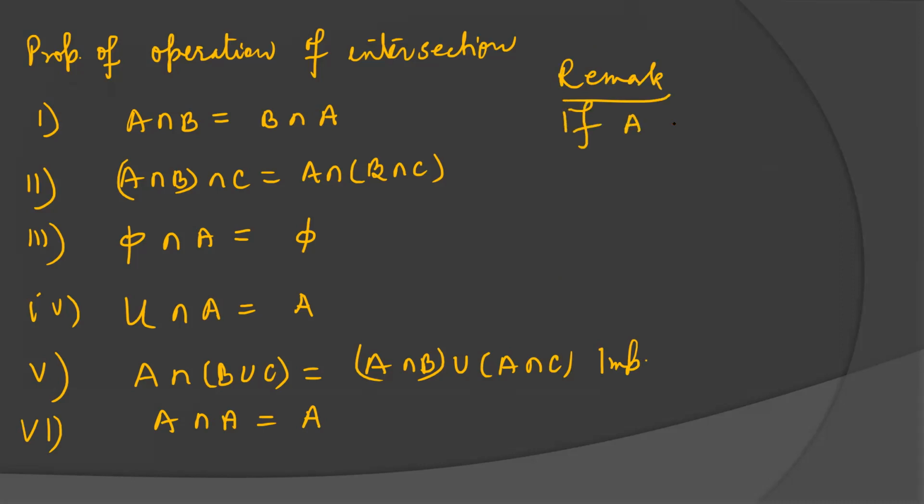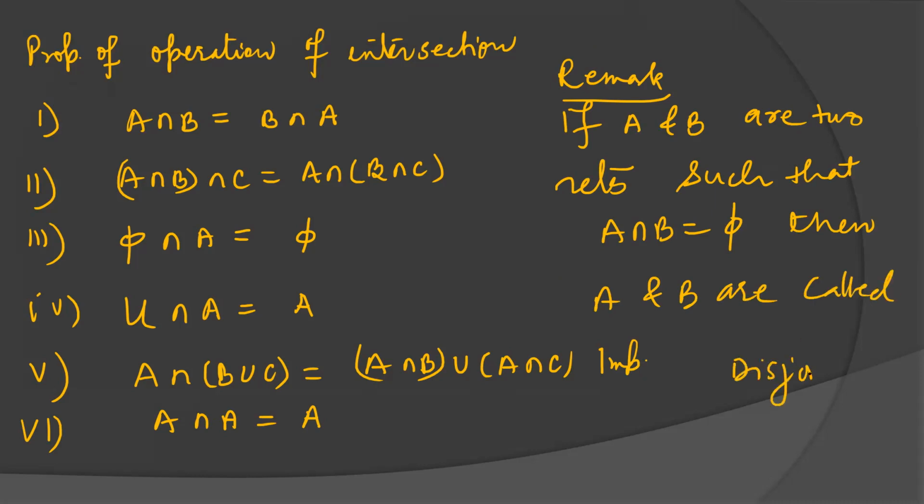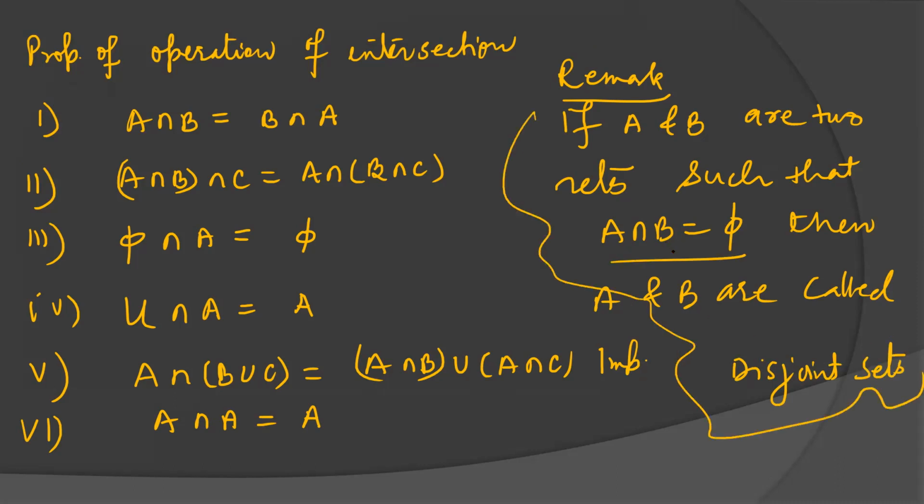If A and B are two sets such that A intersection B is phi, then A and B are called disjoint sets. This is a very important definition. When two sets have intersection null set, then the sets are called disjoint sets.